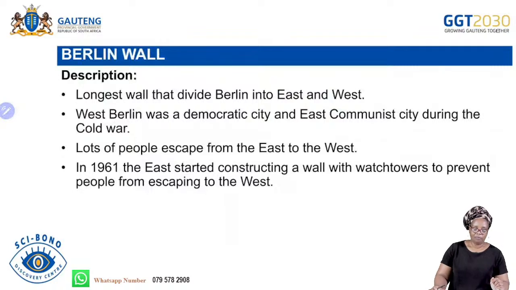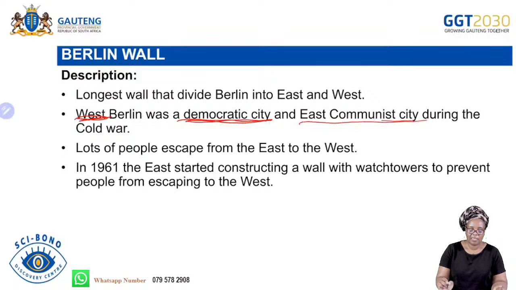Here is the point we talked about in the previous slide. West Berlin was a democratic city. And the East was a communist city during the Cold War. You see, they have different ideologies here. Lots of people managed to escape from the East to the West.